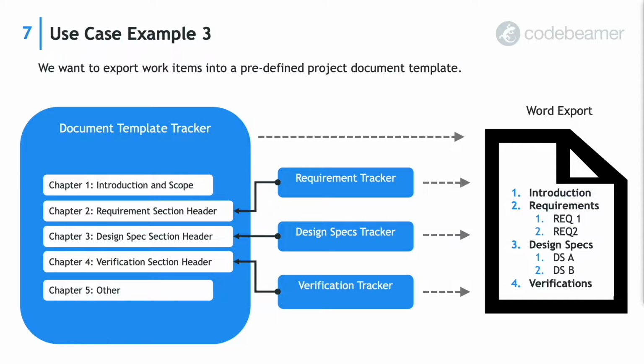But the actual content, the actual work items as requirements, design specifications, verifications, live in separate trackers, and these items are linked to the appropriate section header within the first tracker. Using an advanced word export template, we can export these contents from different trackers and merge them into one single Word document with the desired structure.